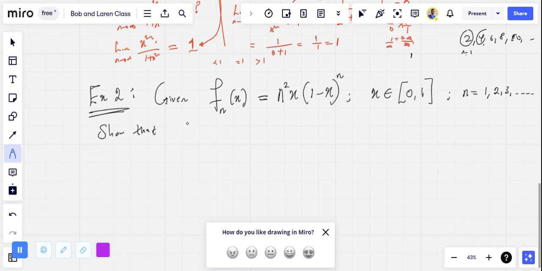Show that if you take the integral over the given range of x, with the limit as n tends to infinity of the sequence function under the integral with respect to x, that is, you now have a limit function under the integral.